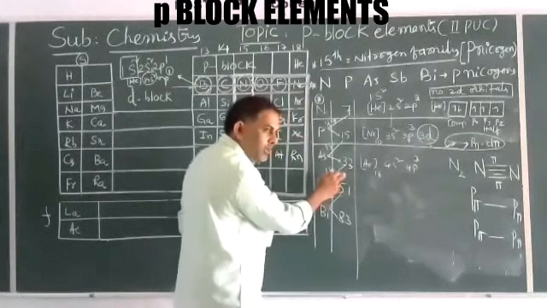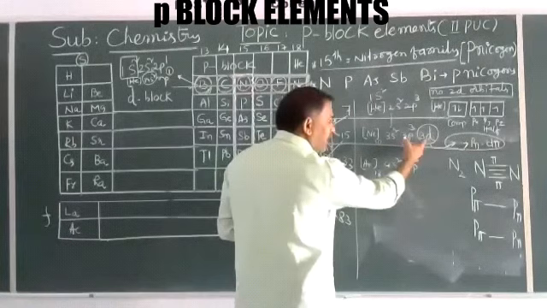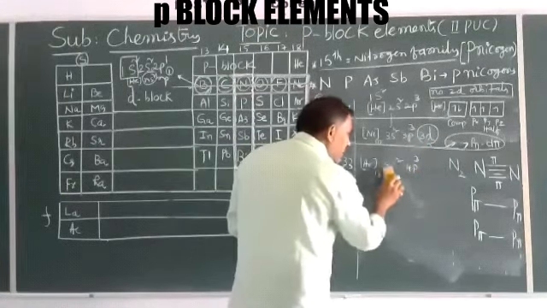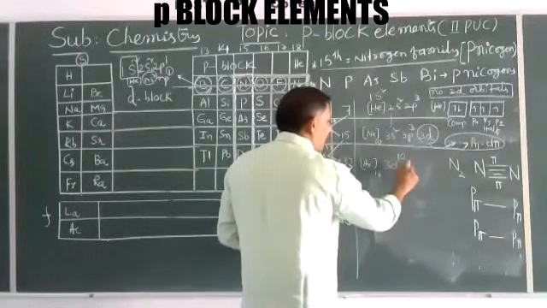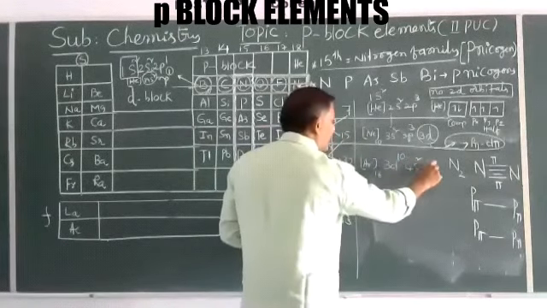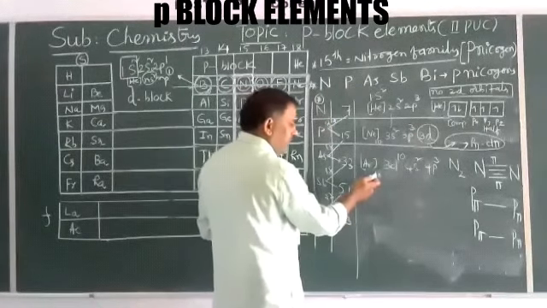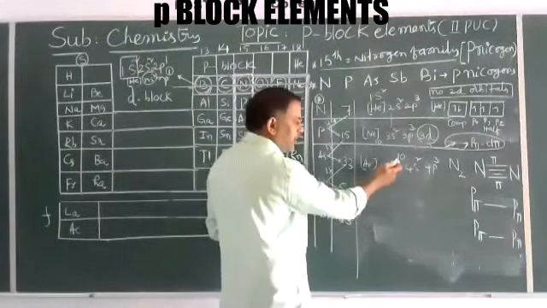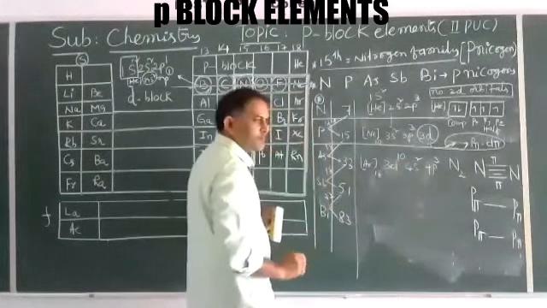But we want 33. So after completely filling the 3d orbital, for our convenience we write 3d10, 4s2 and 4p3 as the electronic configuration. Now 18 plus 10 is 28, then 30, then 33, balanced.